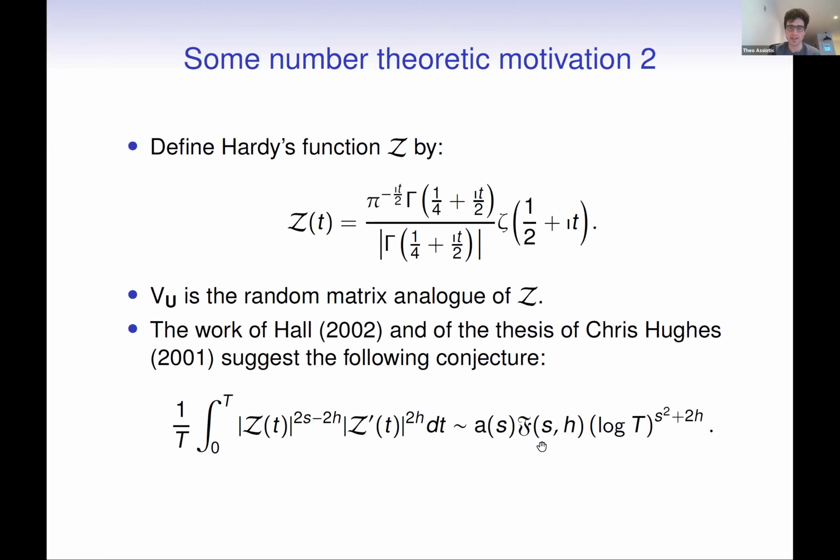So it was the only result in number theory that was known where one of these parameters was allowed not to be an integer. And this constant, when s equals 1 and h is 1/2, is given by (e squared minus 5) over 4 pi. So this was known in number theory, but on the other hand, this quantity was not known in random matrix theory in 2001.